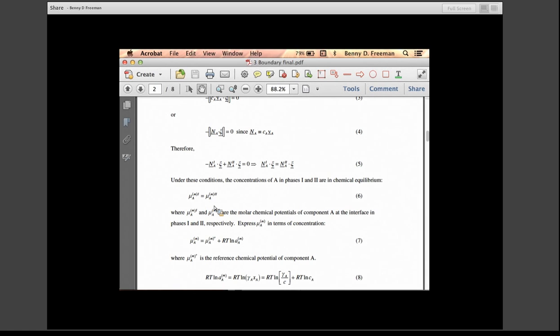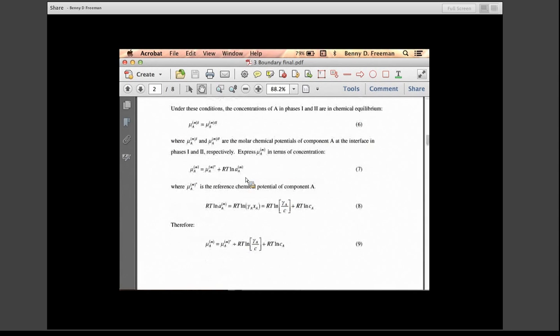from thermodynamics. Now, we can always write the chemical potential in terms of a reference chemical potential plus RT times the log of the activity. This is just a way of defining the activity. And the activity is the way that we typically include the concentration dependence of chemical potential in a given system.